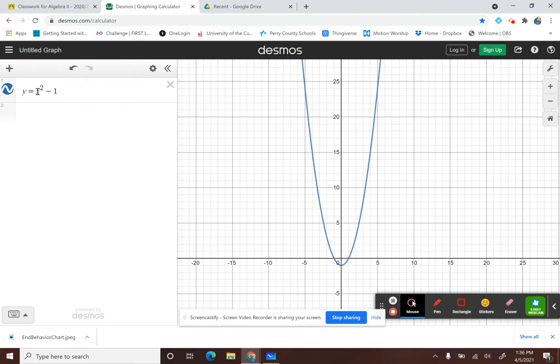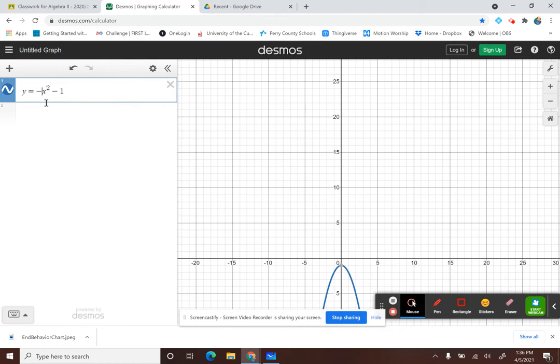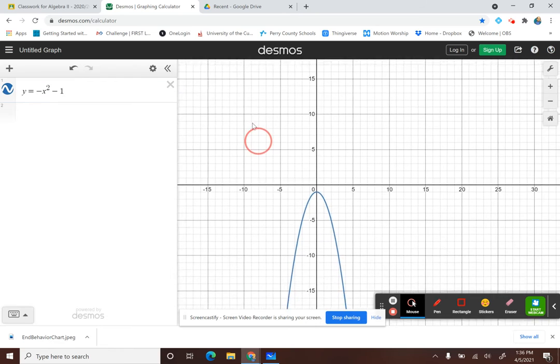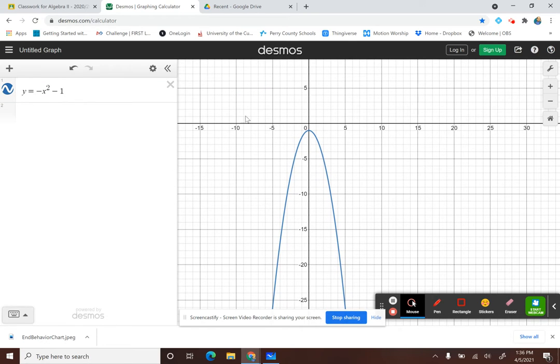Let me show you what happens if I change this to a negative x squared. There is still just one turn in the graph, but now my end behavior has changed. If I were describing those ends to somebody, I would say I have one end that is down and the other end is down as well, just by changing this negative sign right here.